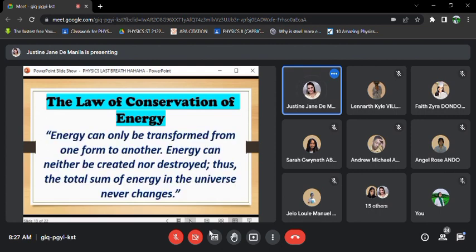So, the law of conservation of energy states that, Sarah, what does the law of conservation of energy state? Sarah Gwyneth? Energy can only be transformed from one form to another. Energy can neither be created nor destroyed.